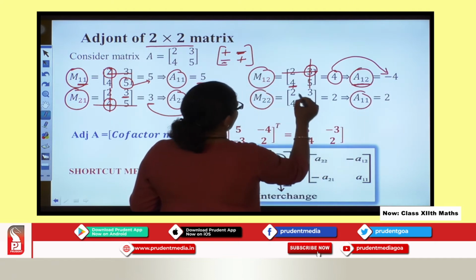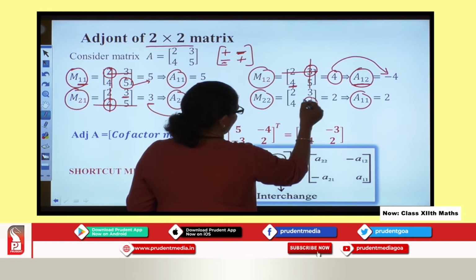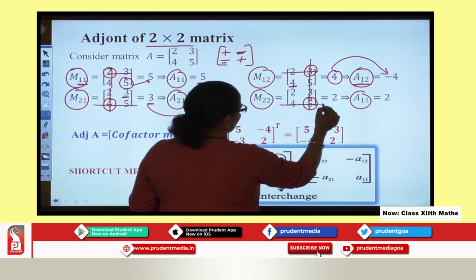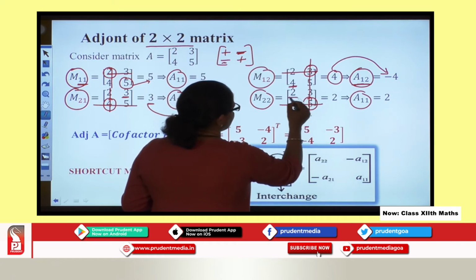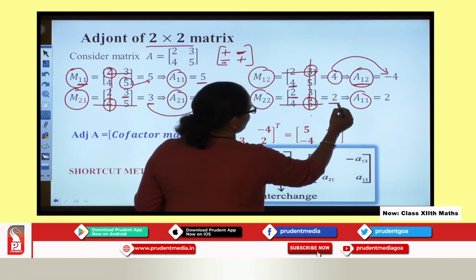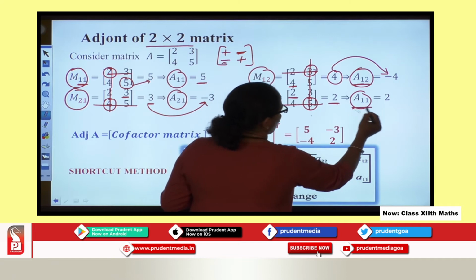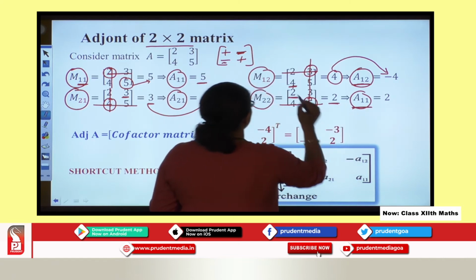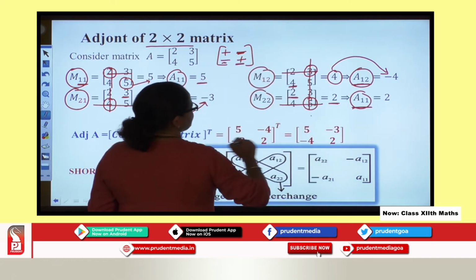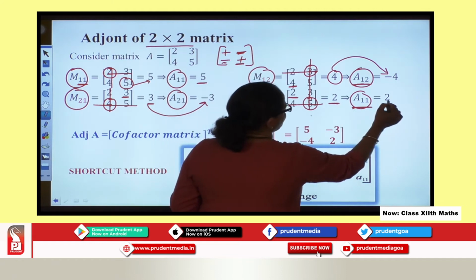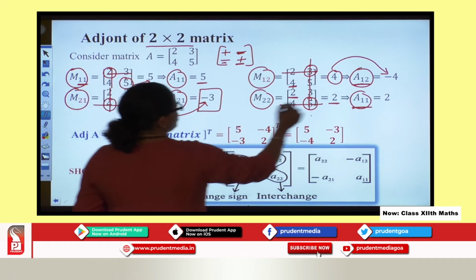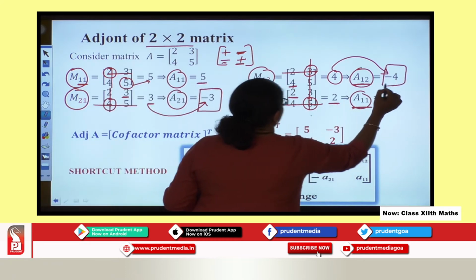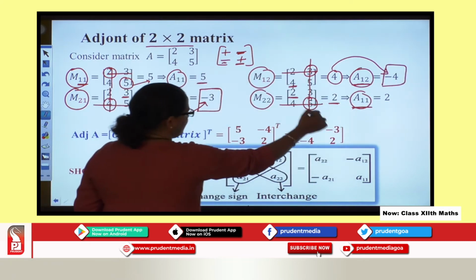And again, when I talk about the minor of this, same thing I will be doing: delete that row and that particular column. What is left is 2. So 2 comes over here. I am finding the cofactor of the same place, and you see here it's a plus sign. So this 2 will remain as 2. So what happened here? This changed and this changed, but these values remain the same.